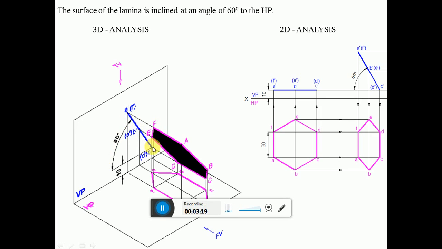That is the reason why you are getting a line here, and CD is the side which you are keeping above HP by 10 mm. We draw the surface inclination with respect to HP, which is 60 degrees. Still the surface is perpendicular to VP, so obviously you are getting a line here. Since the surface is inclined to HP, you are going to get the apparent shape on HP, looking from the top.